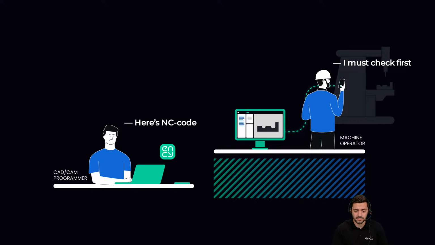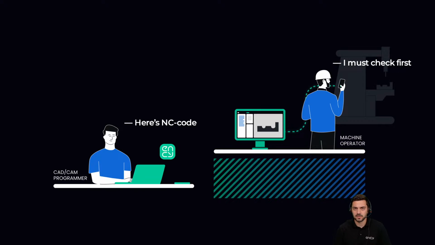The situation becomes interesting, because the CAD/CAM programmer creates an ENCY code and says, okay, here is the ENCY code, but the machine operator is responsible for the machine. The machine is very complex and very expensive, and the machine operator's reality is a little bit different. He receives some files with ENCY code and cannot run them without checking and simulating them, checking what's in the ENCY code file before running the machine.